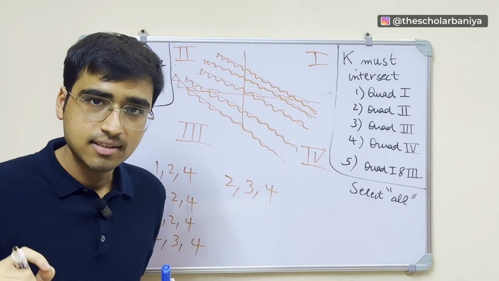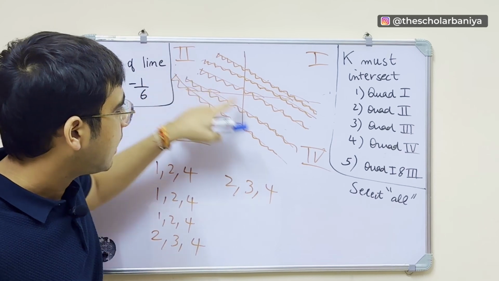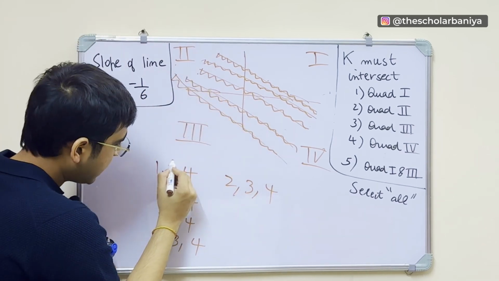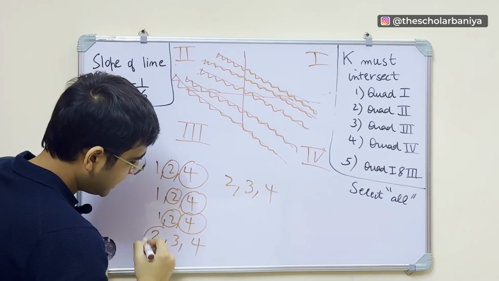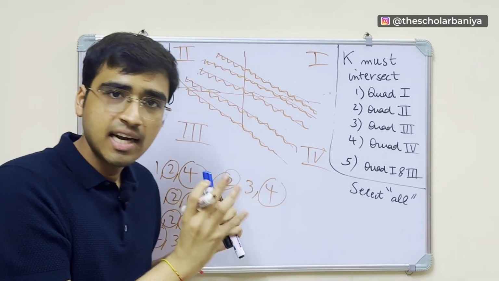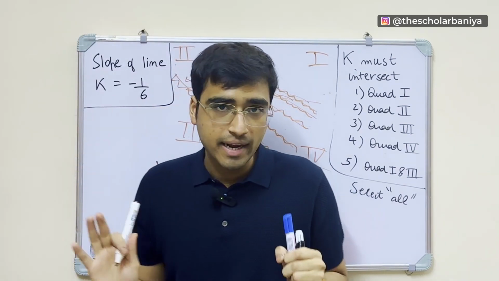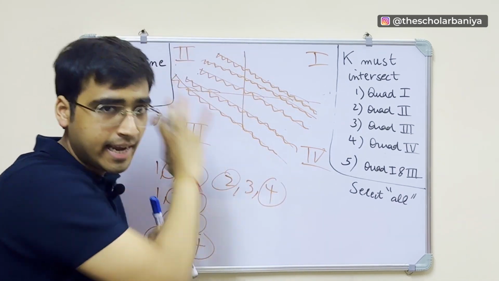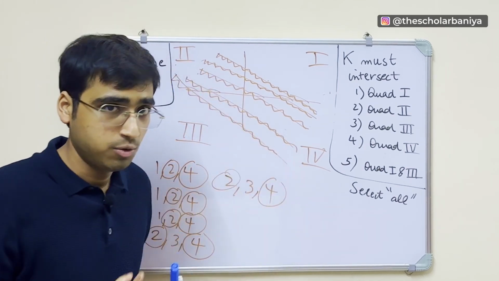But in all these cases, the line will always pass through the second quadrant and the fourth quadrant, irrespective of whichever line you take, whose slope is negative, because we have to take the slope negative. You take any line with a negative slope, it will always pass through the second and fourth.